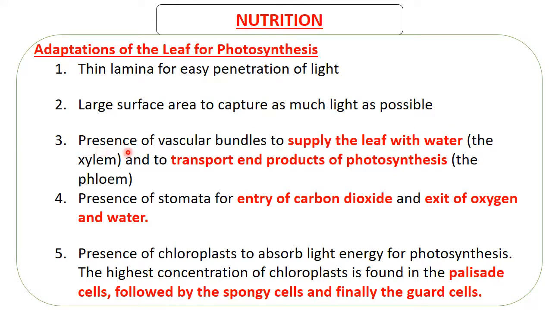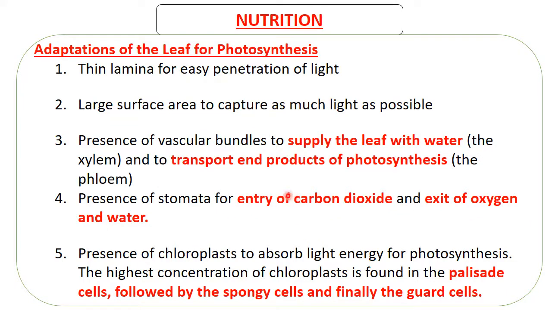Third, there is the presence of vascular bundles near the photosynthetic tissue to supply the leaf with water, which is the xylem, and to transport end products of photosynthesis, which is the phloem. Fourth, the presence of stomata for entry of carbon dioxide and exit of oxygen and water.